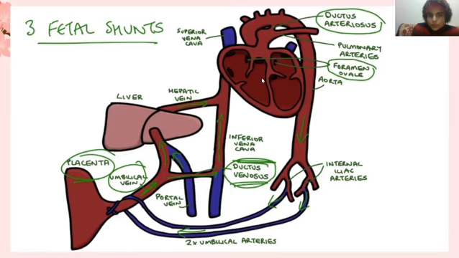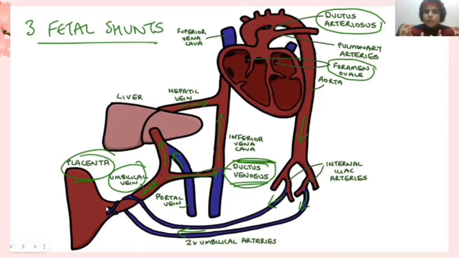Let's come back. In the left atrium, blood is present which has come from the right atrium through the foramen ovale. In the left atrium, the blood passes through the bicuspid valve into the left ventricle, and during ventricular systole, this blood goes into the aorta, and the same mechanism follows as the aorta brings the blood down through the descending aorta and then to the iliac arteries, and then to the umbilical arteries, which join the placenta.